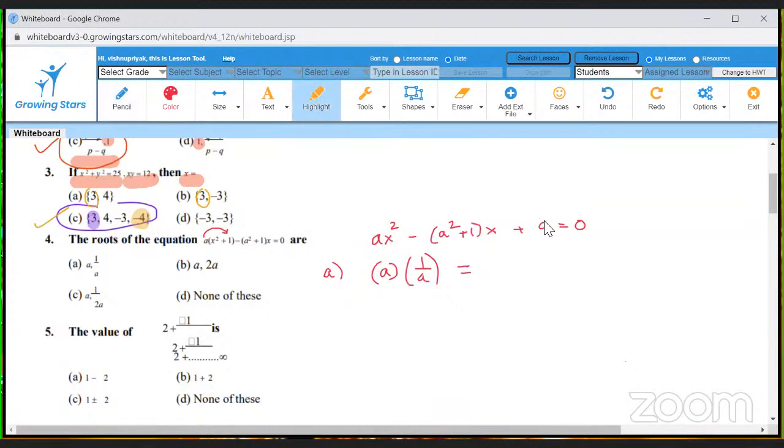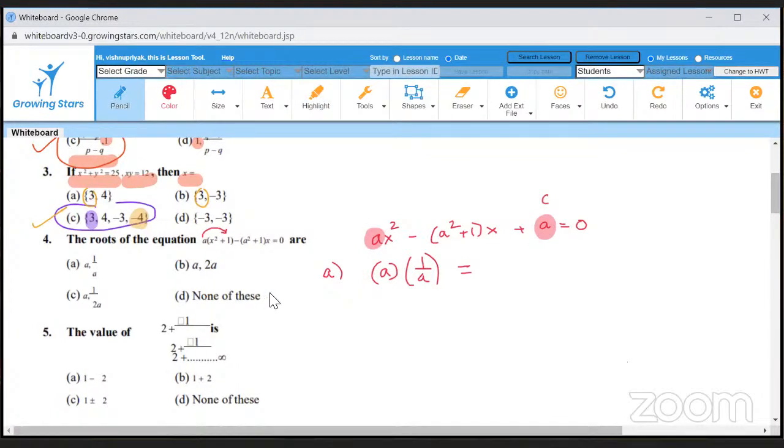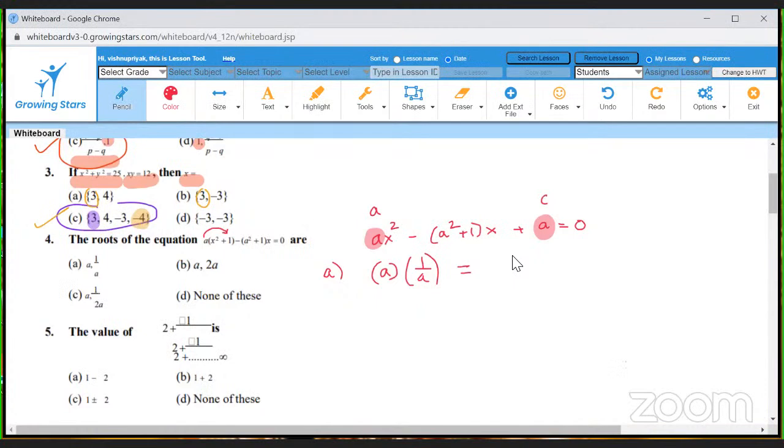What is c? This is c, this is a in the equation. So product of the roots is c by a. In both cases, we are getting the same answer. And that's why option A can be taken as the correct answer.